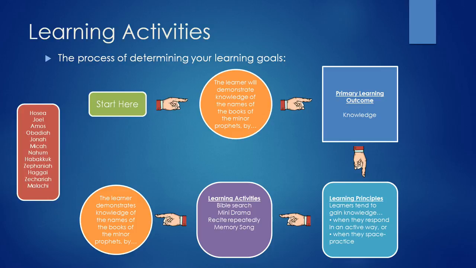Another way to do that would be maybe doing a mini drama where each person takes one of those names and introduces themselves. Hi, I'm Hosea. Hi, I'm Joel. Hi, I'm Amos. And each of those people is now associated somehow with the name, and that's a better way. It's a memorization technique where little Bobby is actually Jonah, and everybody remembers, oh, Bobby is Jonah, and he got swallowed by a whale.